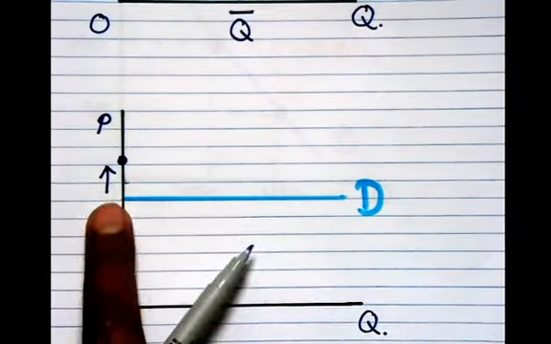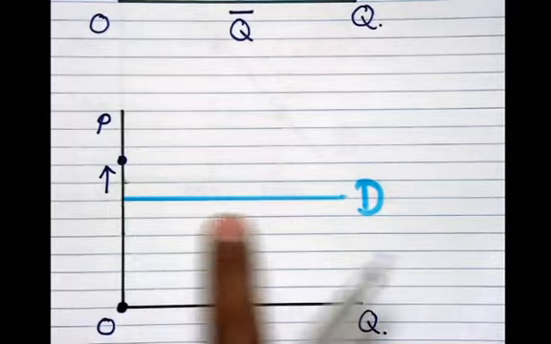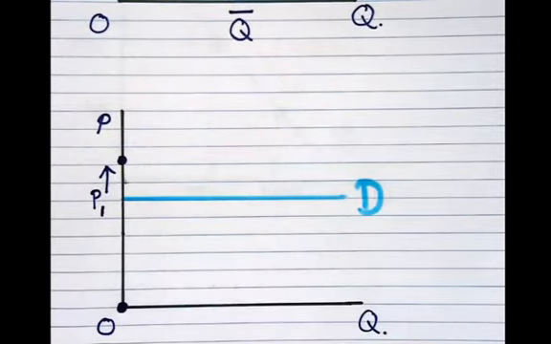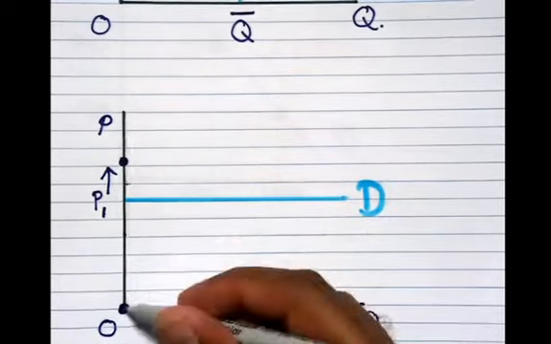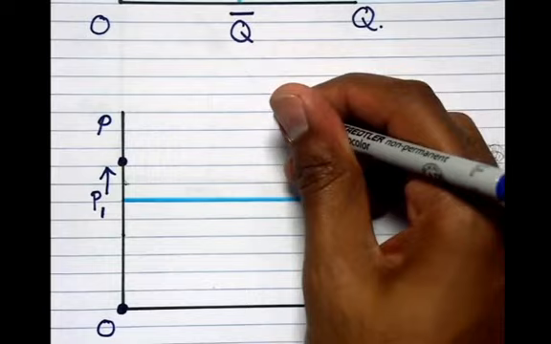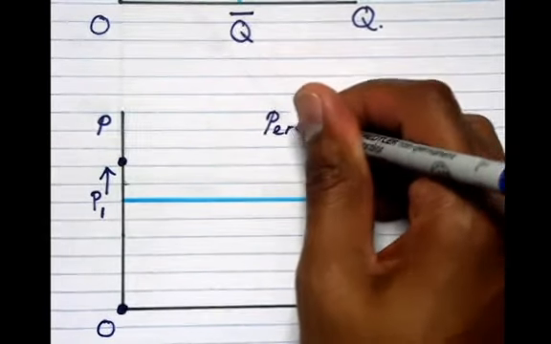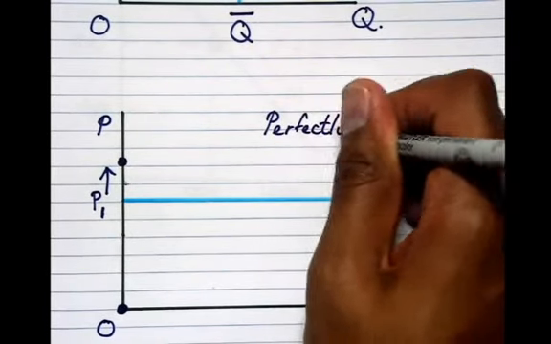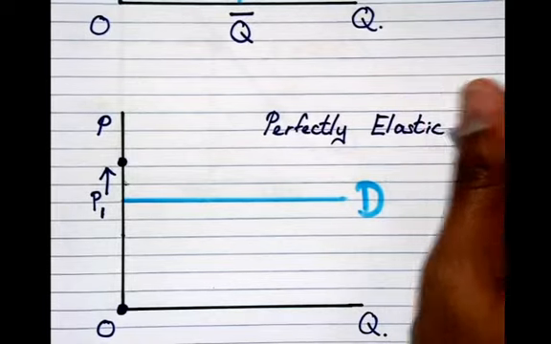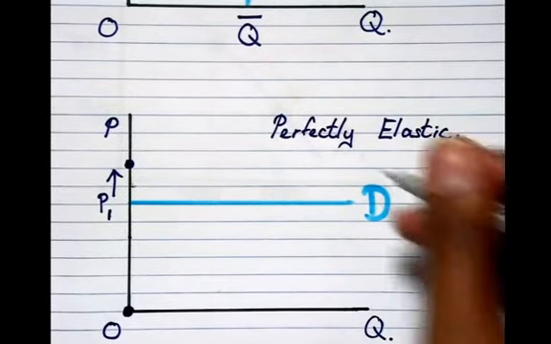This consumer only buys the product if the price is the original price, P1. Any other price, the quantity demanded is 0. So the demand is very sensitive to the price. We say that it is perfectly elastic. It's extremely sensitive to the price.